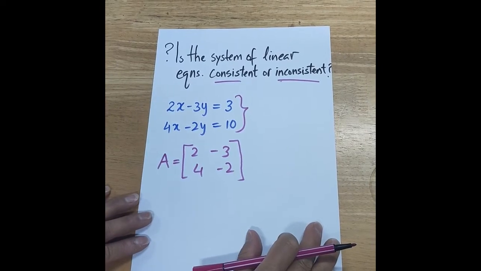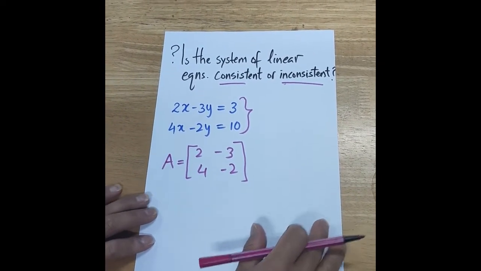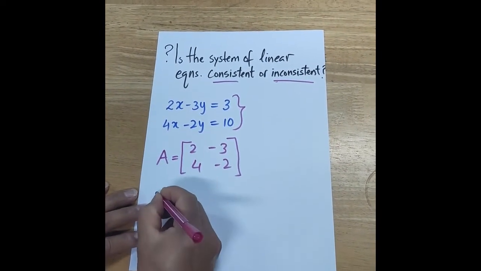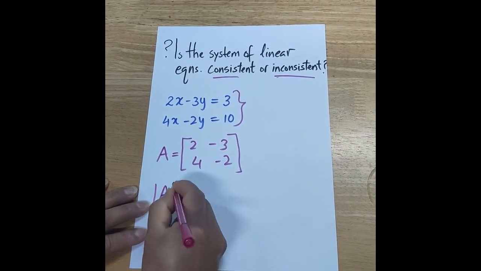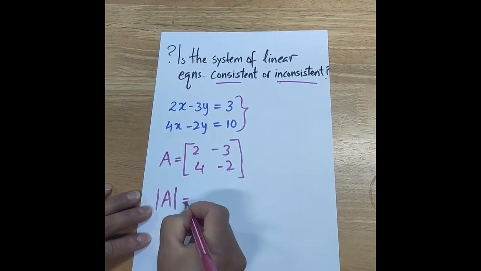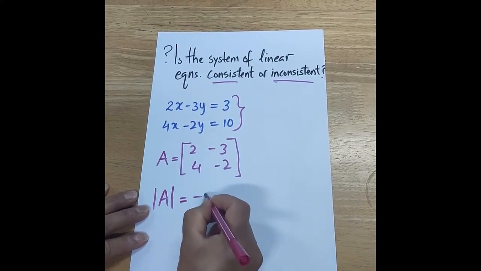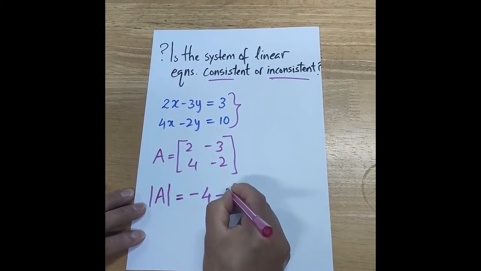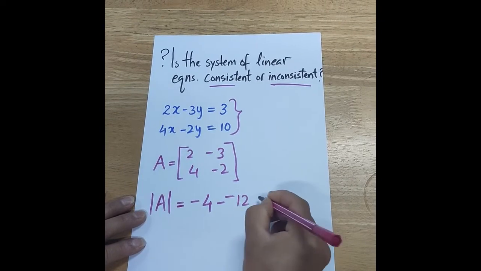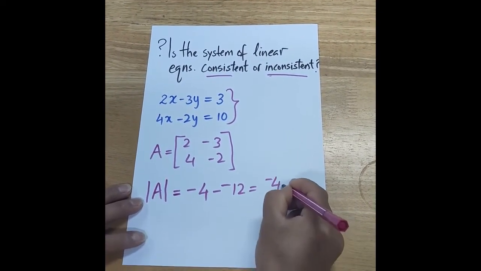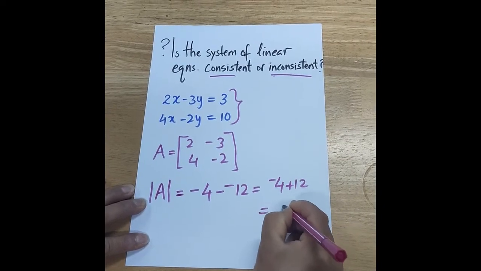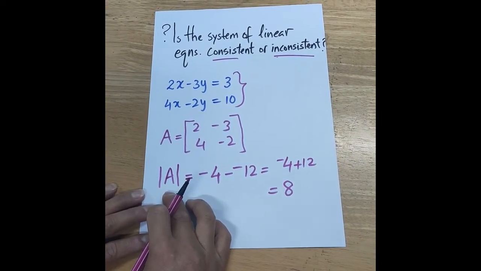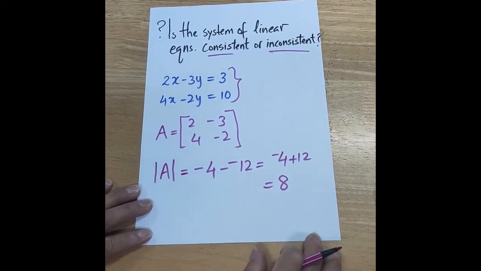Now, going to the conditions for testing whether the system is consistent or inconsistent, you have to find the determinant of this coefficient matrix A. Our determinant is equal to minus 4 minus 12, which is equal to minus 4 plus 12, which gives the answer 8. So we have computed the determinant of our coefficient matrix A, which is not equal to 0.